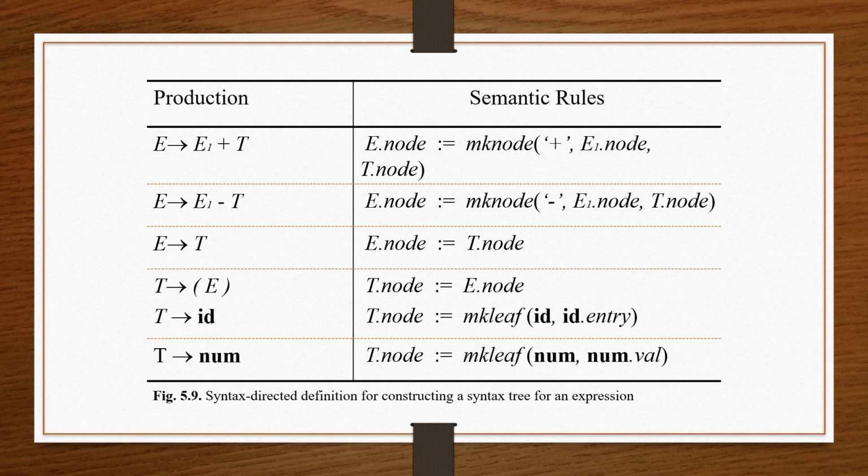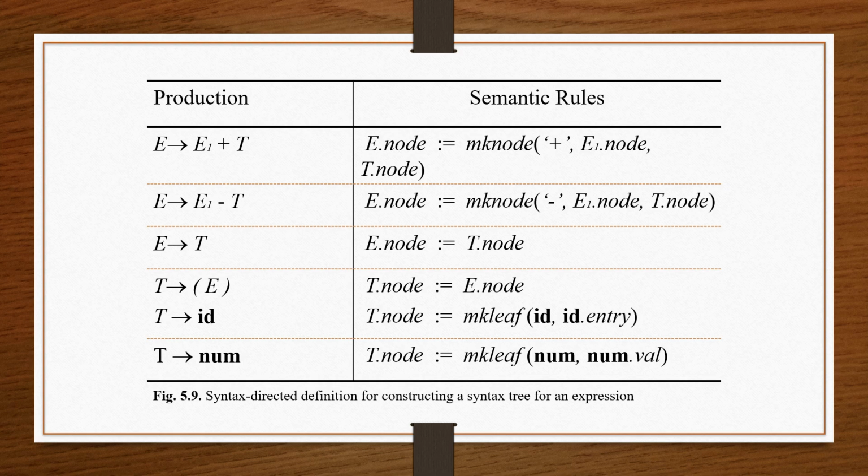So look at the first production. E derives E1 plus T. In order to avoid confusion, on the right-hand side we used E1. Actually it is E, but to avoid confusion, instead of E we used E1. So what is the production? E derives E1 plus T. What is the corresponding semantic action?